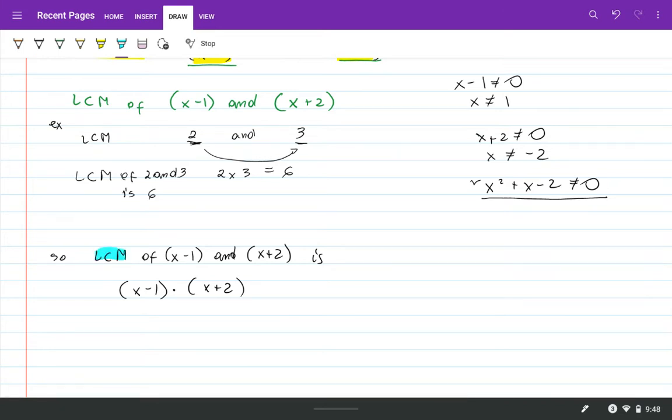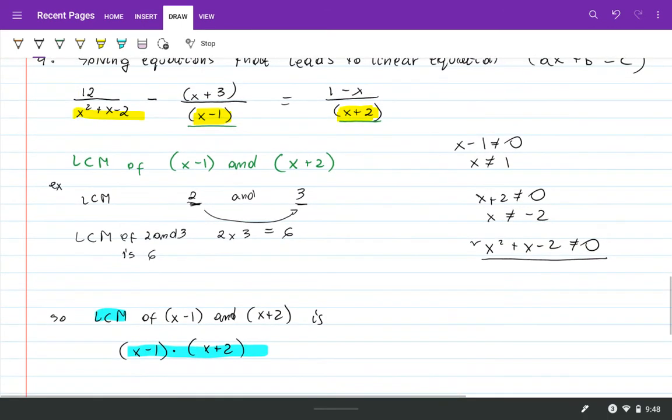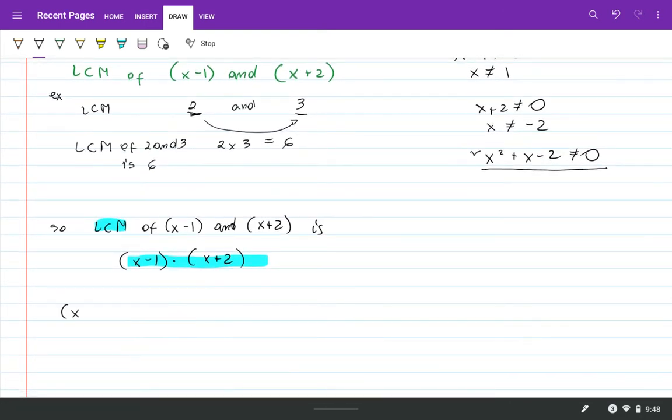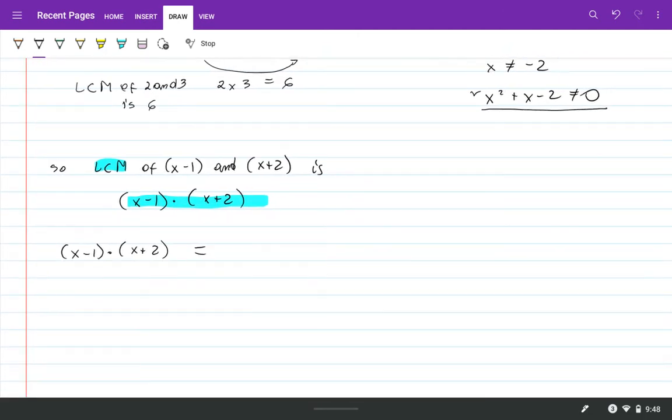And I quickly want to show you guys that x minus 1 times x plus 2 is actually this quadratic expression. If I multiply x minus 1 times x plus 2 using FOIL, F stands for multiply first. So we have x times x, which is x squared. O stands for multiply outside, so x times 2 will give you 2x.